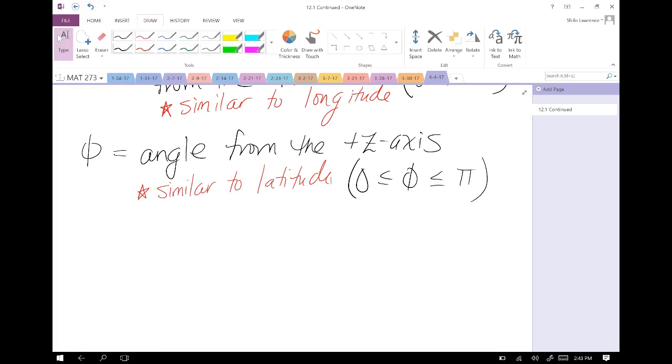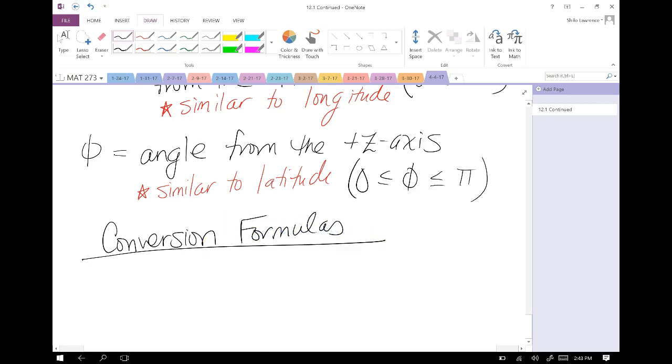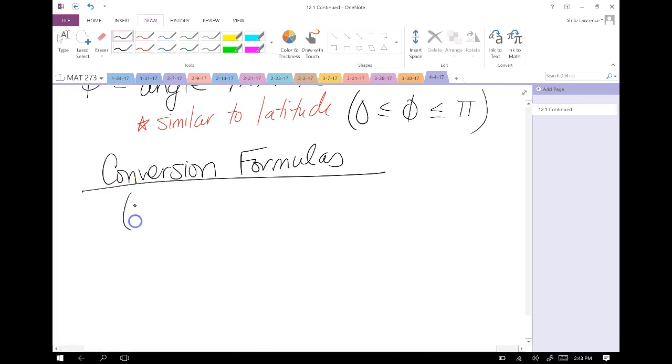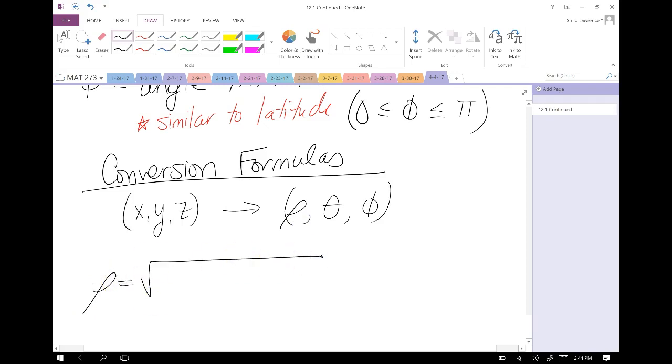So rho is just a distance. So it's just distance formula to figure out rho. So if we know x, y, z, and we're trying to get rho, theta, phi, rho is just the distance from 0, 0, 0 out to x, y, z.